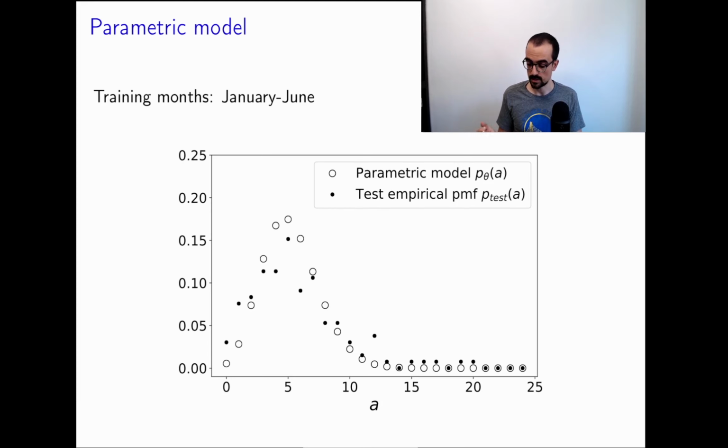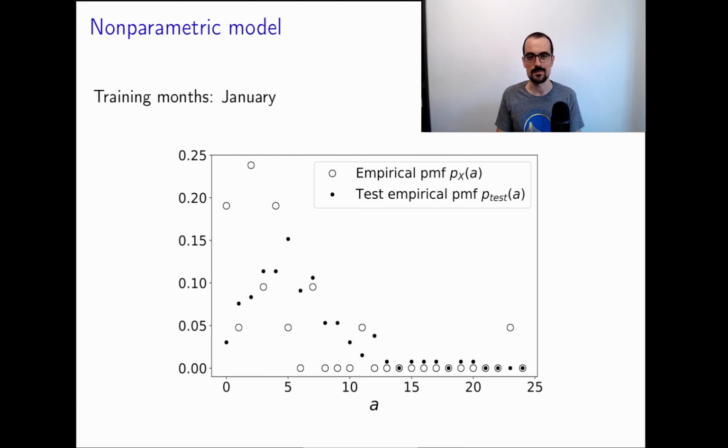In general, we see that the parametric model, as we expect from parametric models, has a certain shape, which doesn't allow it to overfit the data. That's good, but it might also not have the flexibility to account for some structure in the data that might be of interest. Now let's look at the non-parametric model.